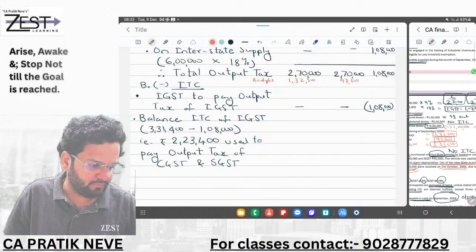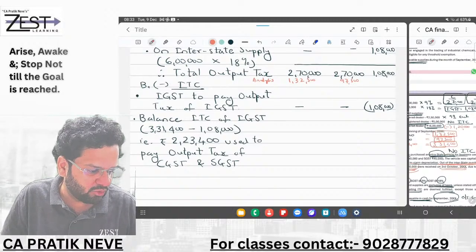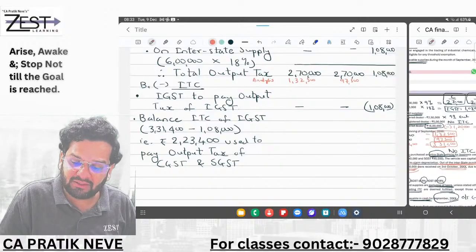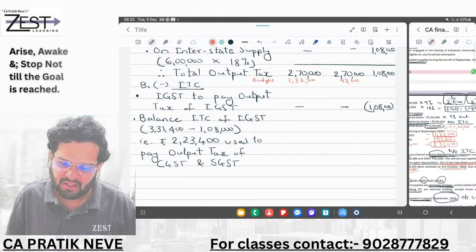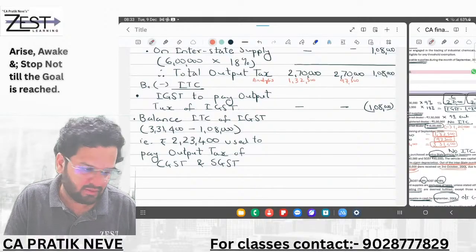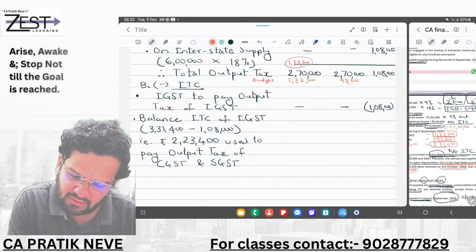So 270 minus 132,500, I am going to lack 1,37,500. I am going to lack 137,500 in my CGST.